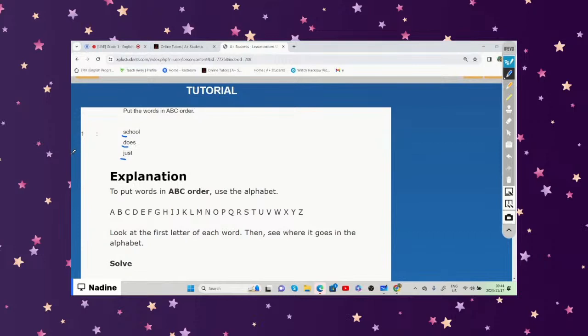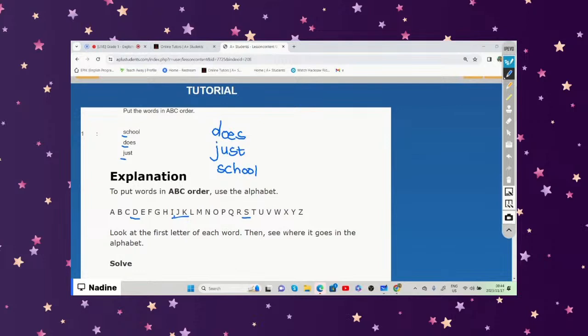If we look at our alphabetical letters over here, it's first D, which means it's first going to be does. If we go further down, we have J, which is going to be just. And then we go on and it is S, which is school. So does, just, and school.